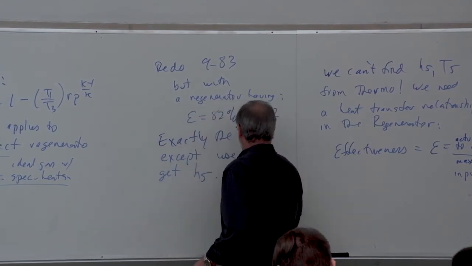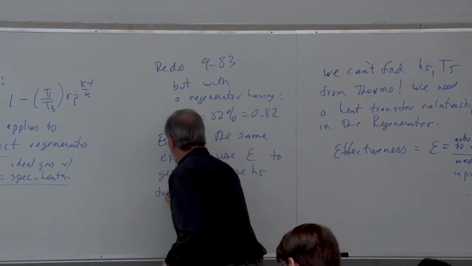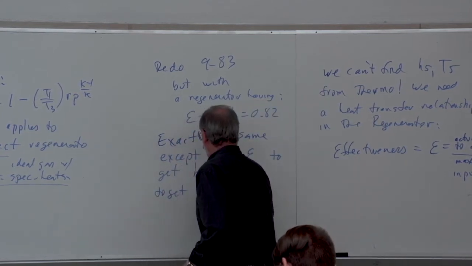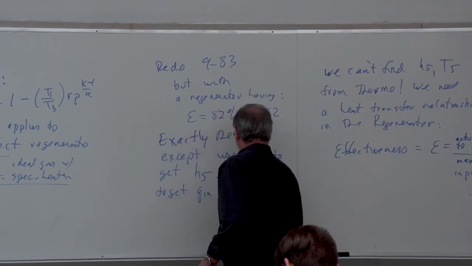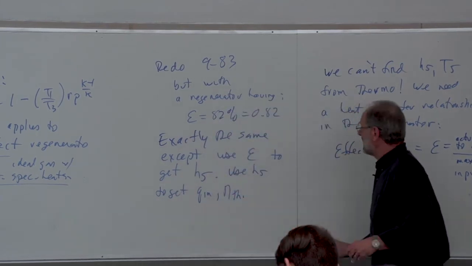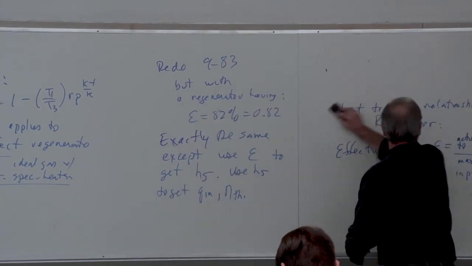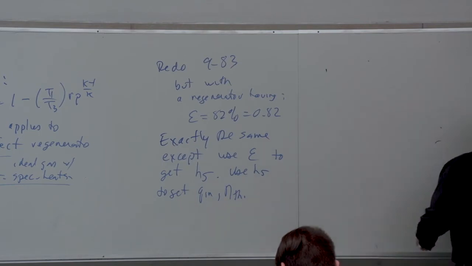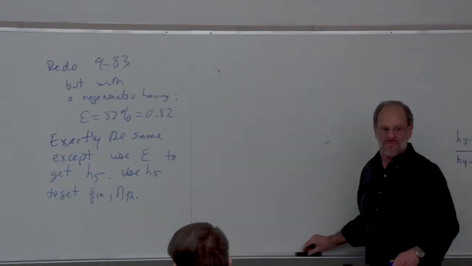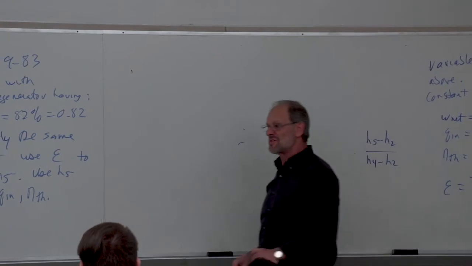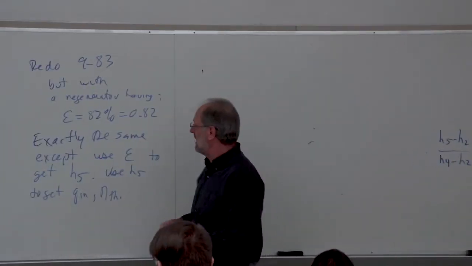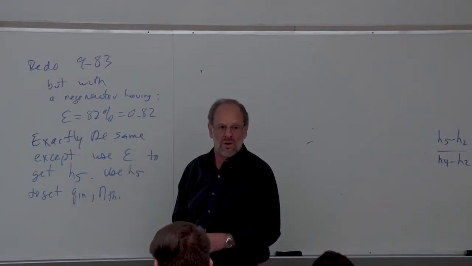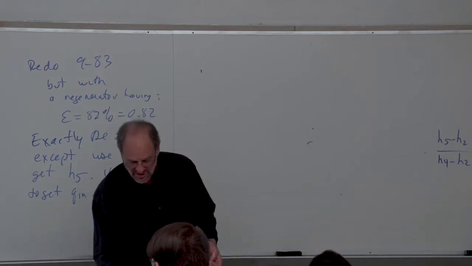And then we use H5 to get heat input and thermodynamic efficiency. So that's nice. That'll save me a whole lot of time. In fact, that's why I've chosen to just redo the same problem. I mean, why do the same thing all over again? So 1, 2, 3, and 4, identical. So let's just finish this problem.